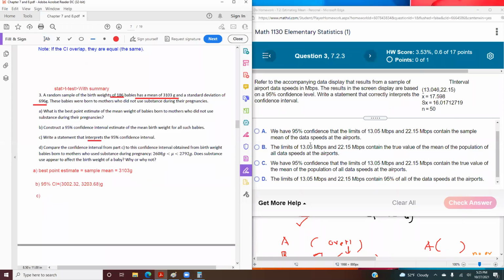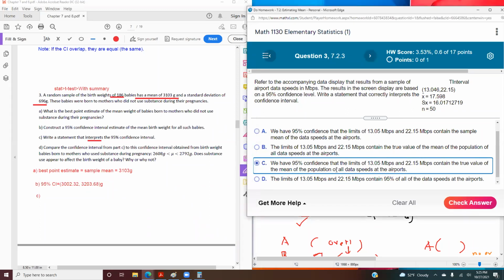Which is the correct way to interpret this confidence interval? If you look at your homework here, C is the correct way.